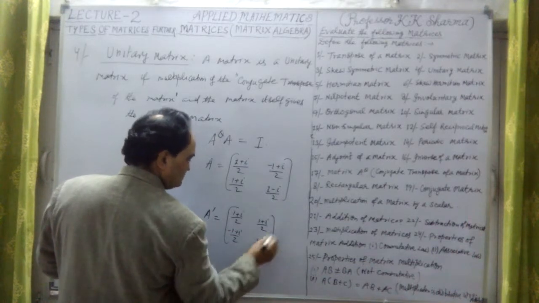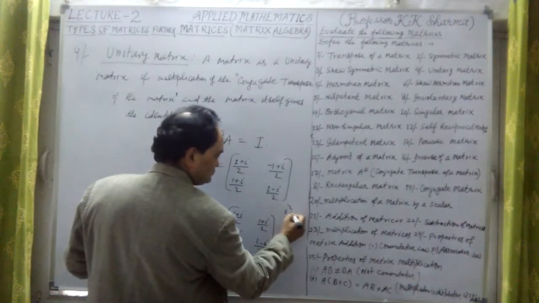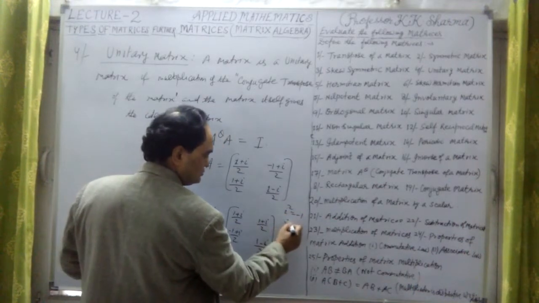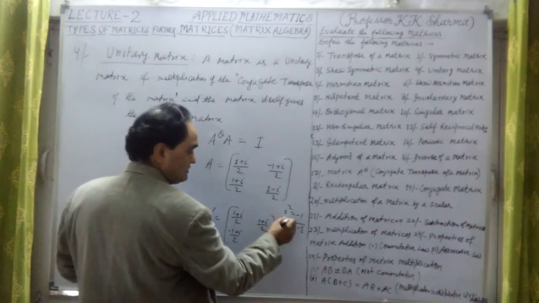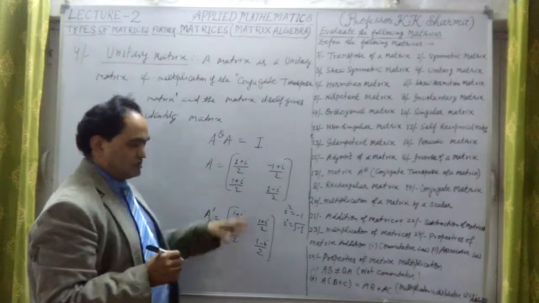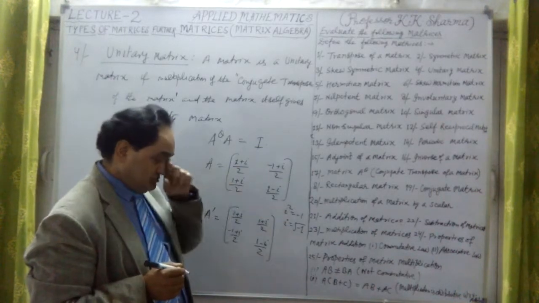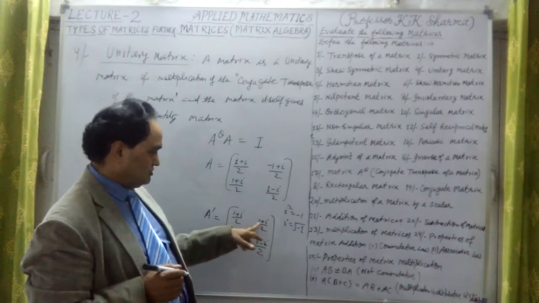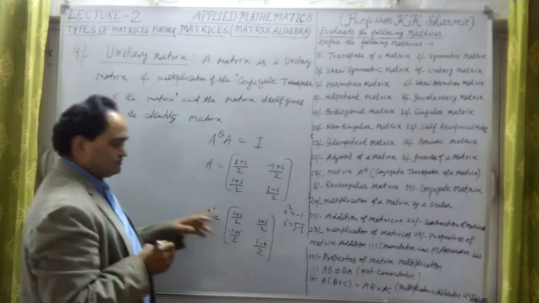And here iota, we know from complex numbers, iota square is equal to minus 1, or iota is equal to the square root of minus 1. Iota is used in the case of complex numbers. So after changing, this is the transpose matrix.